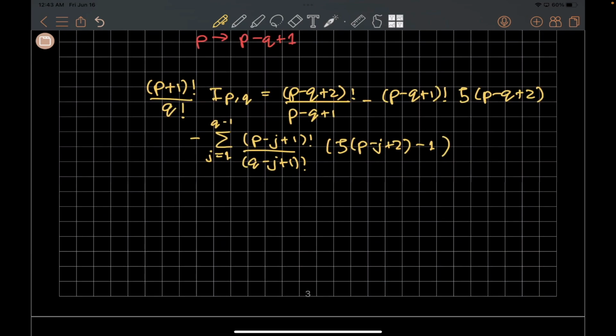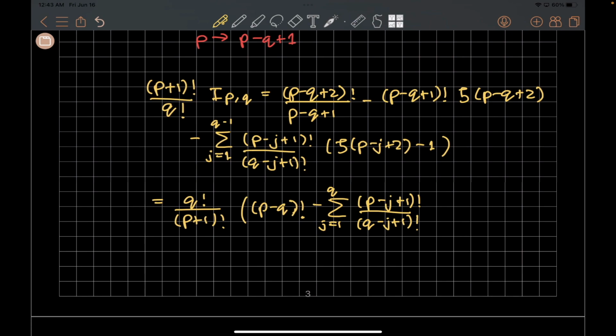We can simplify this grand result nicely to get q factorial over p plus 1 factorial times p minus q factorial, minus the sum j equals 1 to q, I think it's q in the end, because you can absorb some terms, of p minus j plus 1 factorial q minus j plus 1 factorial zeta of p minus j plus 2 minus 1, and that's it.